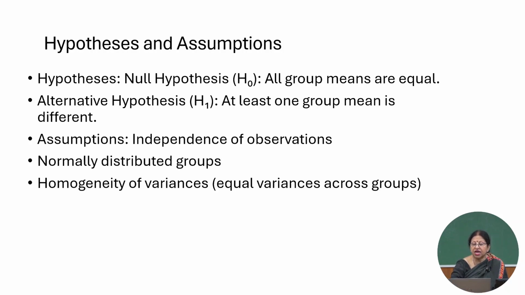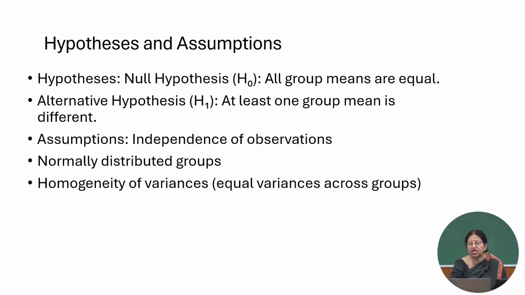So you can understand that hypothesis and assumptions go hand in hand in order to make use of ANOVA. ANOVA helps us by taking certain assumptions into consideration to be able to prove the hypothesis, whether it is the null hypothesis or the alternate hypothesis.